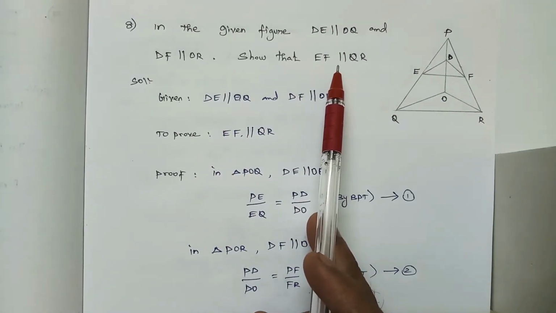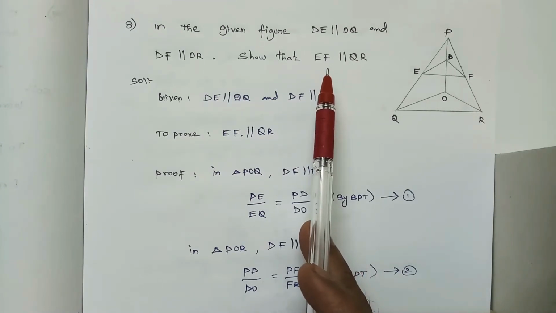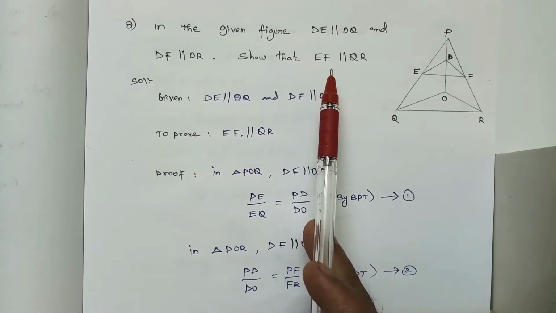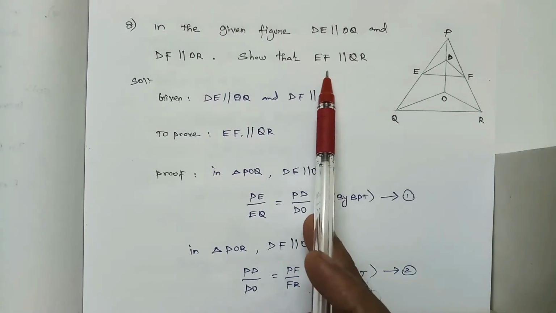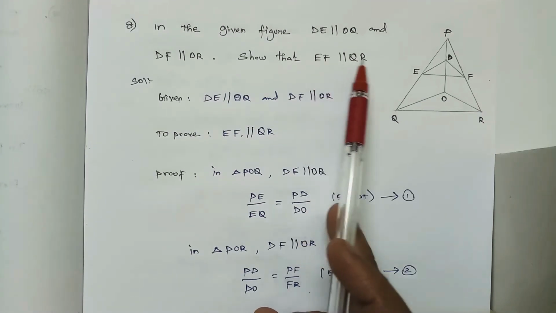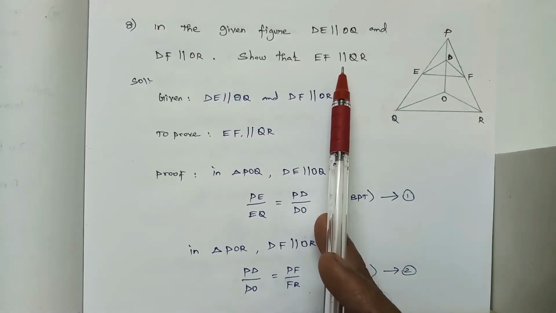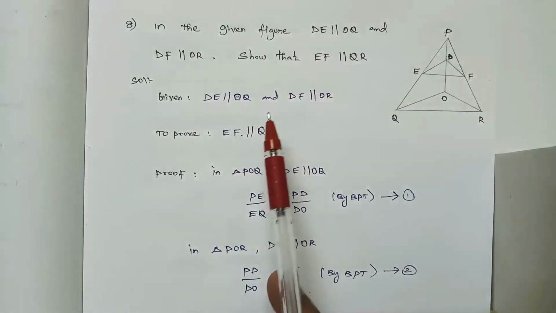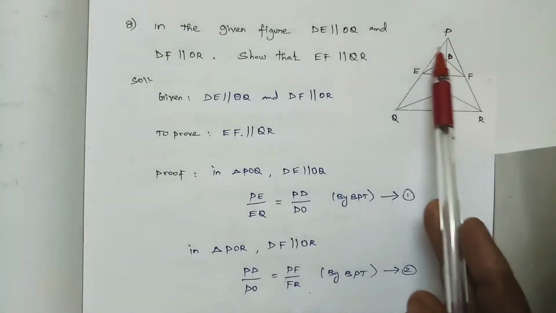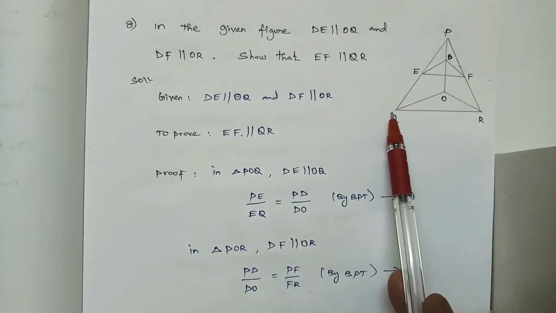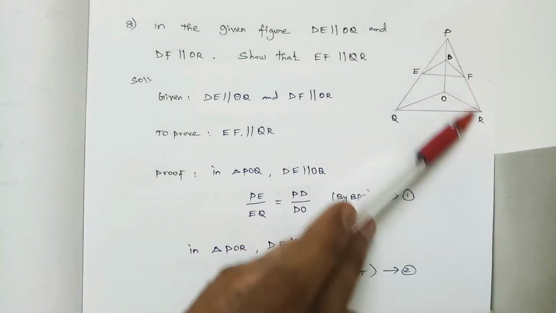So here we want to prove that. Usually in sum number 6 and sum number 7, we have proved that ratios are equal. But here we want to prove EF is parallel to QR. That is named the converse of BPT, right? We want to prove that the two lines are parallel. So first, with the help of the given, we have to prove that PE by EQ is equal to PF by FR.